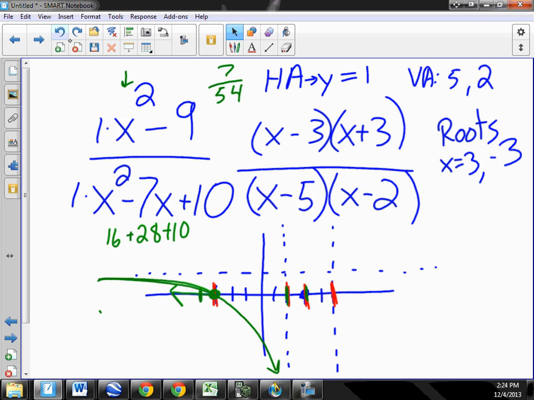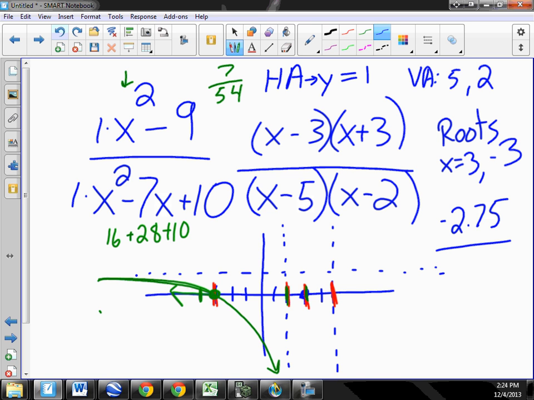Okay, so I need to now plug in something between these two critical points, between 2 and 3. So use your calculator. So 2.5 squared minus 9, I get -2.75 over 2.5 squared minus 7 times 2.5 plus 10. For the denominator, I get -1.25.